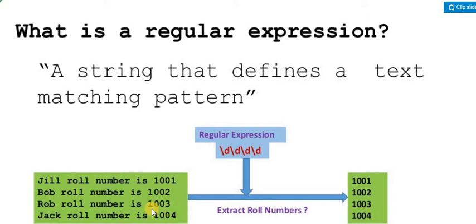Now from these strings, if I want to find which student has roll number 1001, we extract the roll numbers and match which particular student has roll number 1001. If we want to find a particular string from the given strings, or we can say a substring, we can do that with the help of regular expressions in Python.